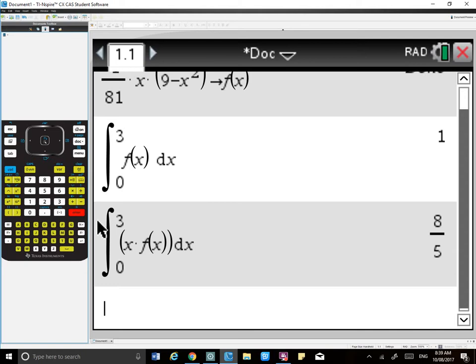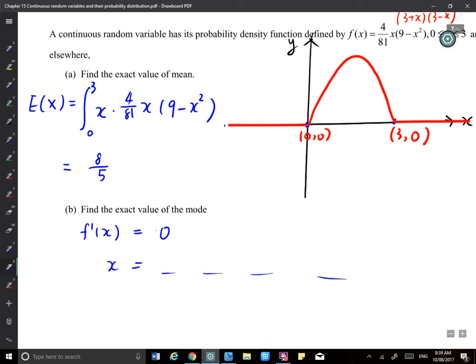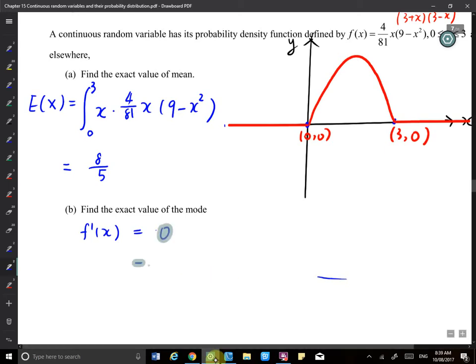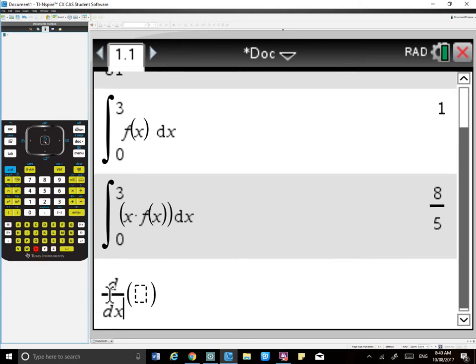So the 2 marks are given by first stating f'(x), and second solving for it and giving the correct answer value. If you just write f'(x) equals 0 and directly say x equals blah blah blah, and you give a wrong answer, that's 0 marks. You do not gain any mark because you are not really sure what f'(x) is. So let's find f'(x). Control minus x f(x).